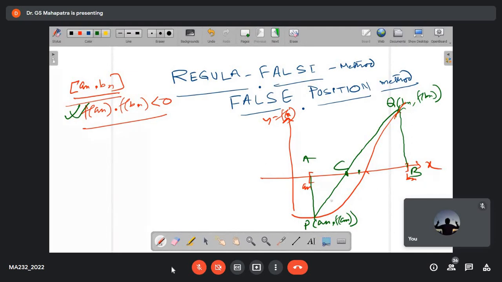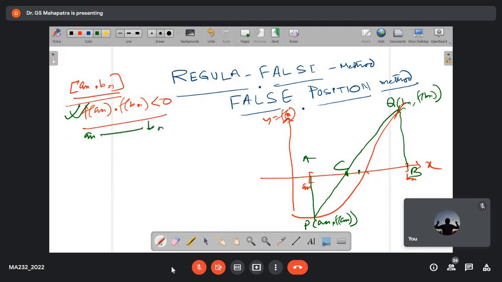Okay, so now you have two triangles, just see APC and CQB. Fine. So now this is the new point, say C. Now earlier it was An and Bn.